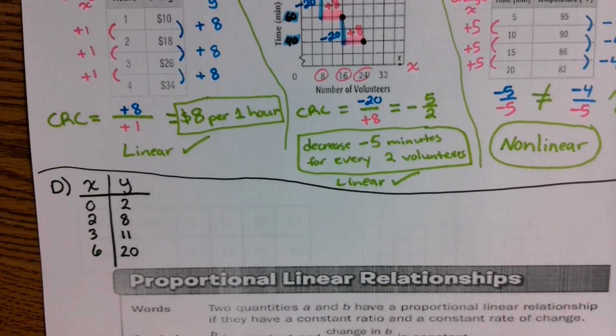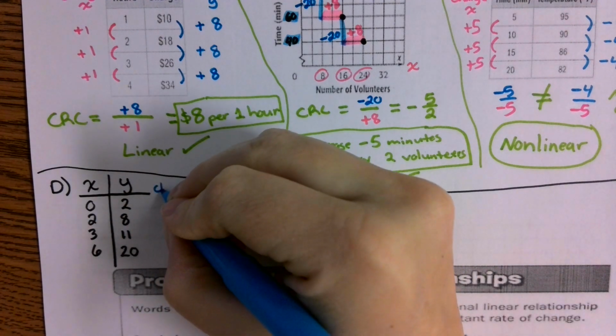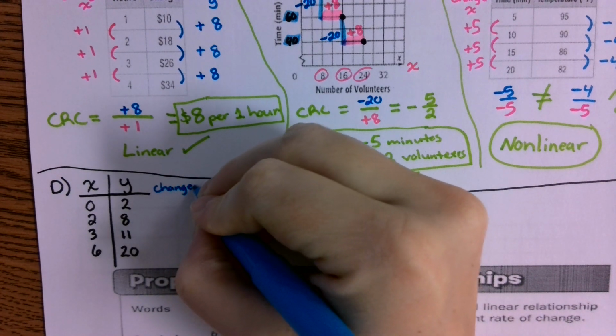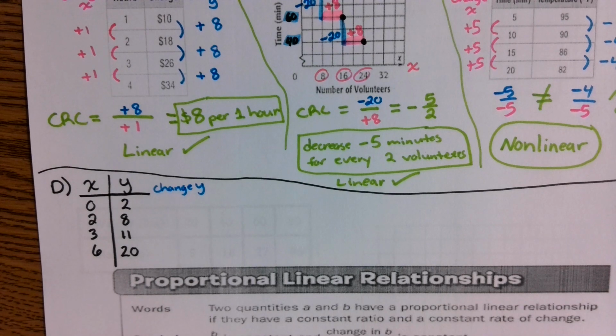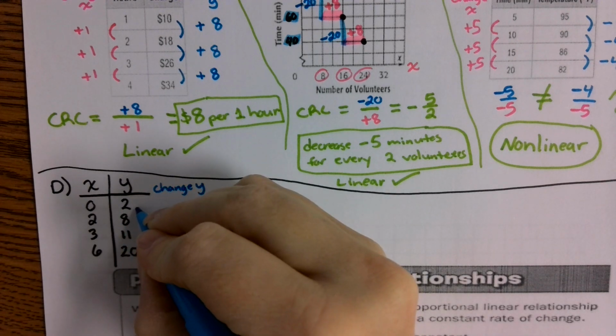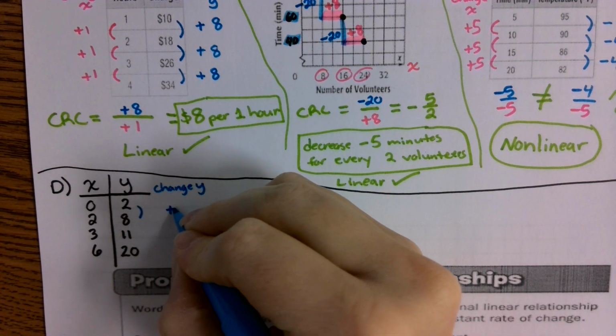So again, I'm wanting to identify first my constant change of my y. So if I'm talking about the change that's occurring to the y, I'm going from 2 to 8. What kind of change is occurring? Don't just say 6. Plus 6. This change that's occurring here is a plus 6.